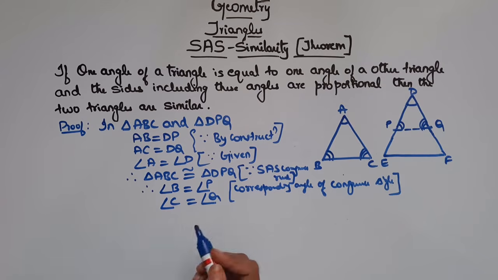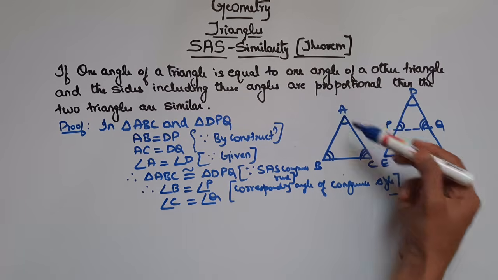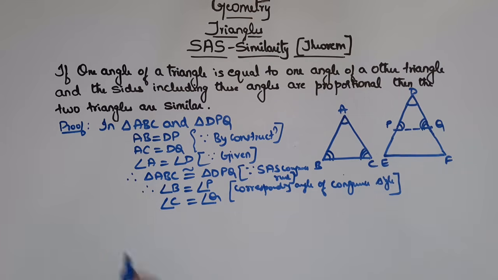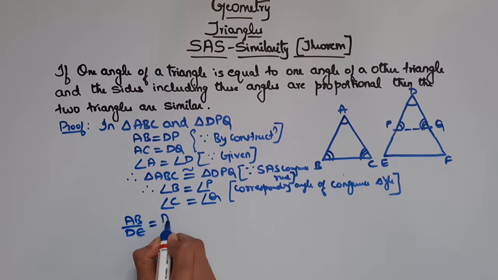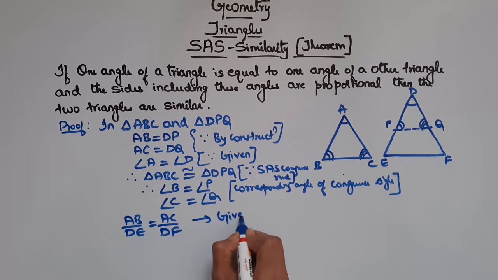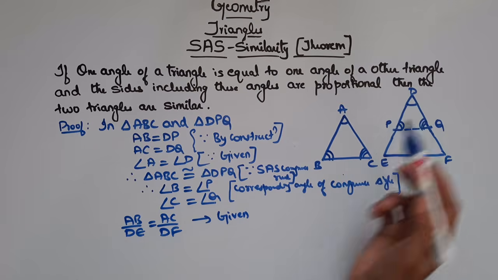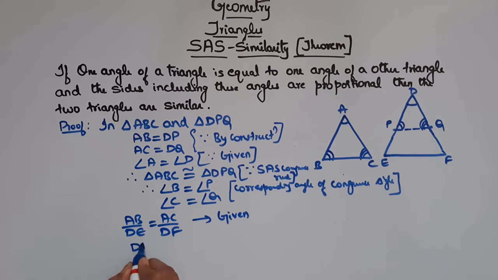Now let's take what is given. So given they have told us AB by DE is equal to AC by DF, right? So let's take that, that is AB by DE is equal to AC by DF. So this is given. So here AB we can replace it by DP, right?